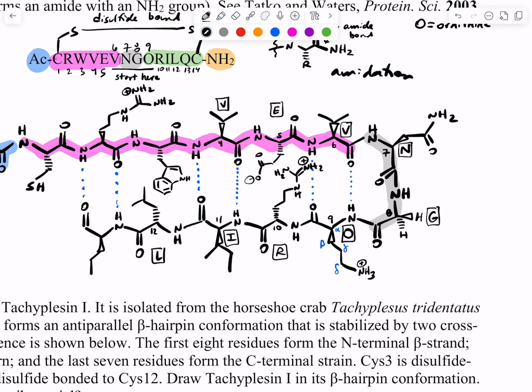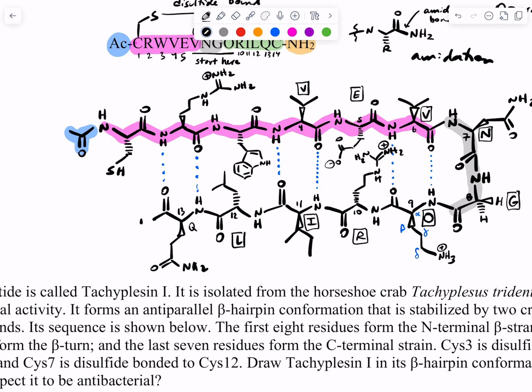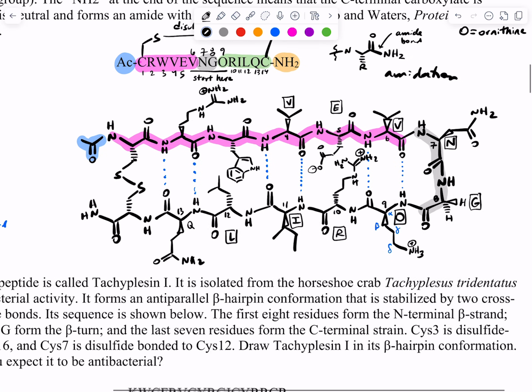Beta, gamma, delta. This is glutamine. And then finally, the cysteine, which I'm going to put disulfide bound to the other cysteine like that.